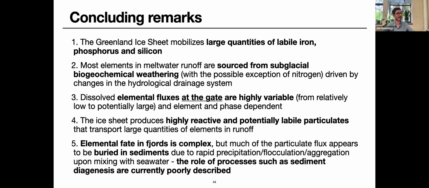There are dissolved fluxes at the gate, so that's where the river enters the ocean, highly variable from relatively low for something like nitrogen to relatively high for something like iron. And we have this large quantity of highly reactive labile particles that are being pumped into these marine environments, the fate of which I think is still pretty uncertain because of that benthic recycling that could occur in some fjords.